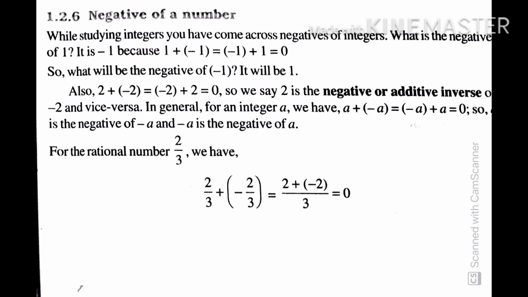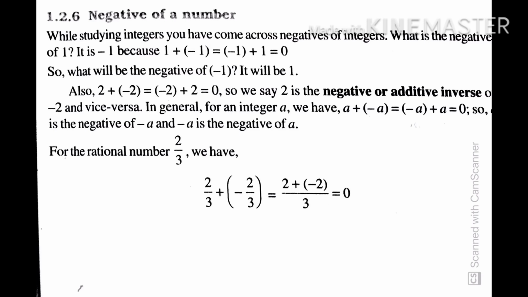So we say 2 is the negative or additive inverse of minus 2, and vice versa. In general, for any integer a, we have a plus minus a equals minus a plus a, that is equal to 0. So a is the negative of minus a and minus a is the negative of a.